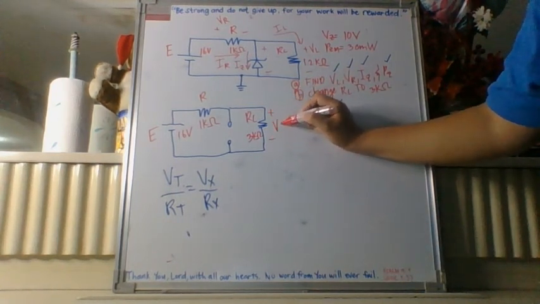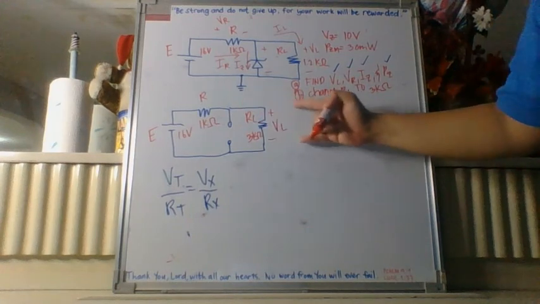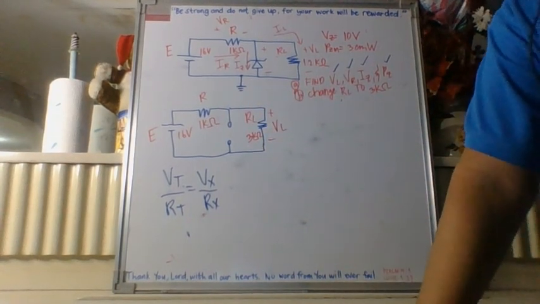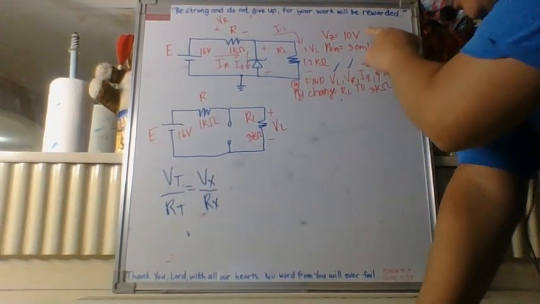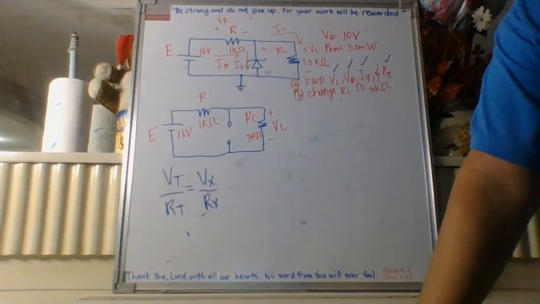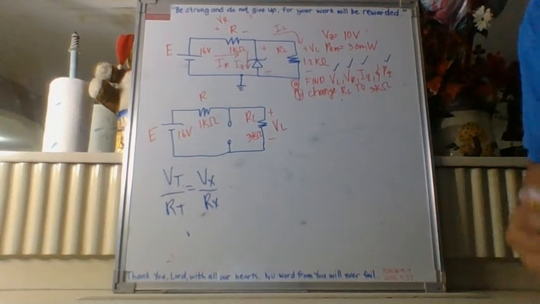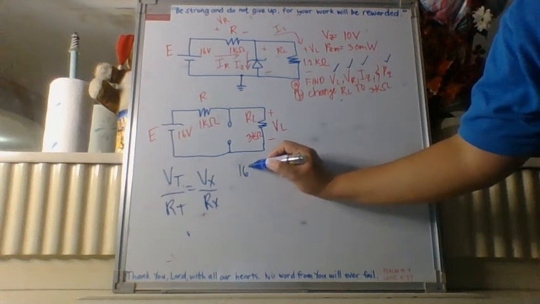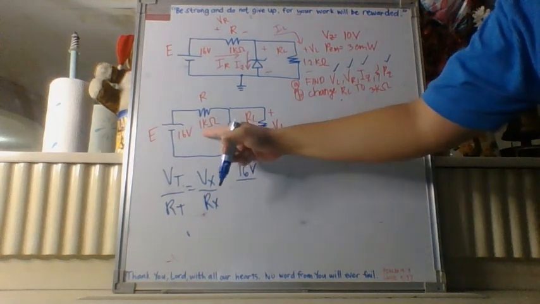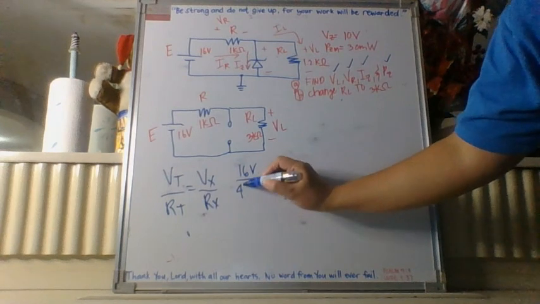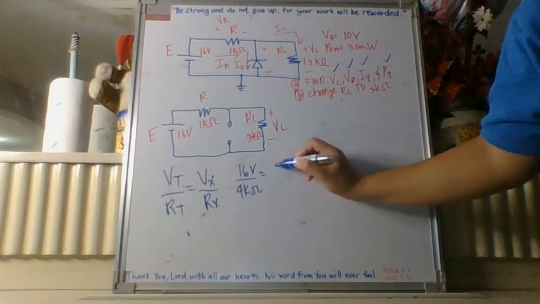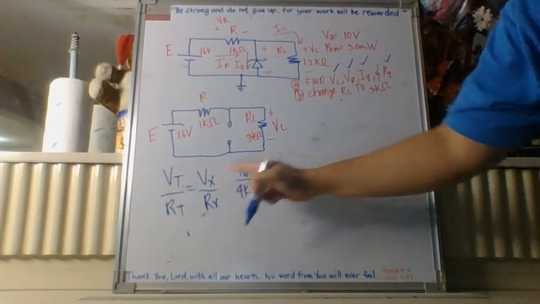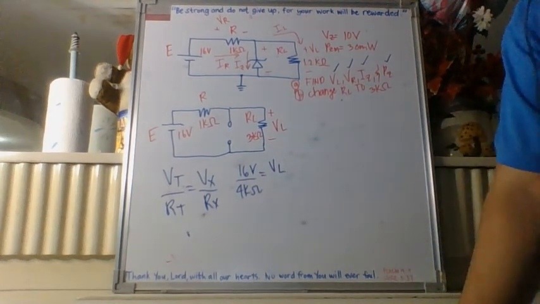Bakit? Kasi yan yung nakaparallel sa ating Zener diode. So titignan natin kung maaabot ba yung ating 10 volts na nominal Zener voltage. Substituting the values, we have 16 volts divided by 1K plus 3K is 4K equals V sub L. Yan yung unknown na voltahe na gusto nating mahanap.